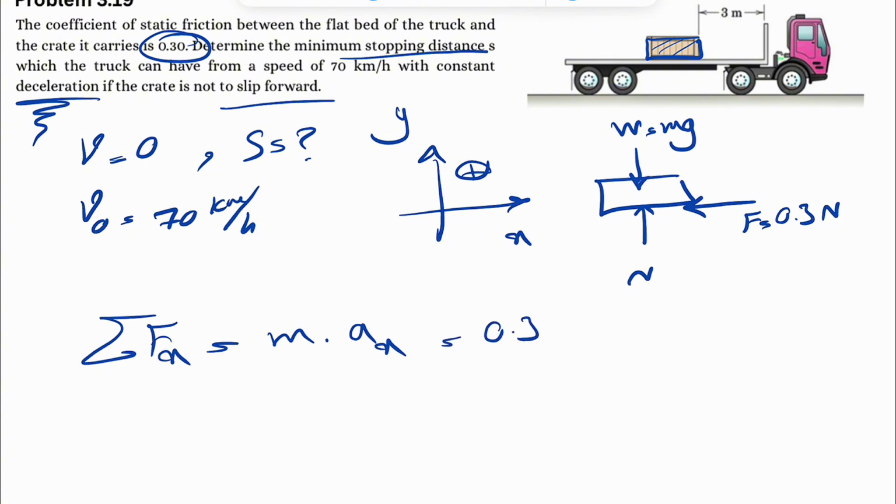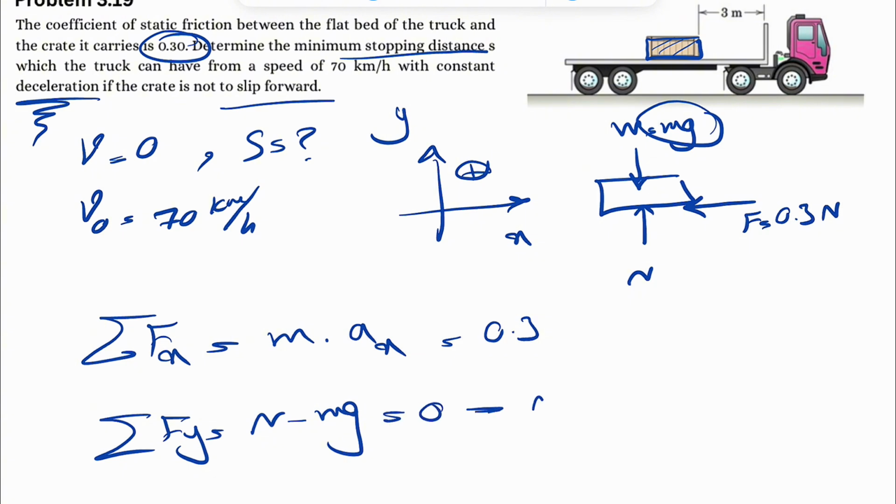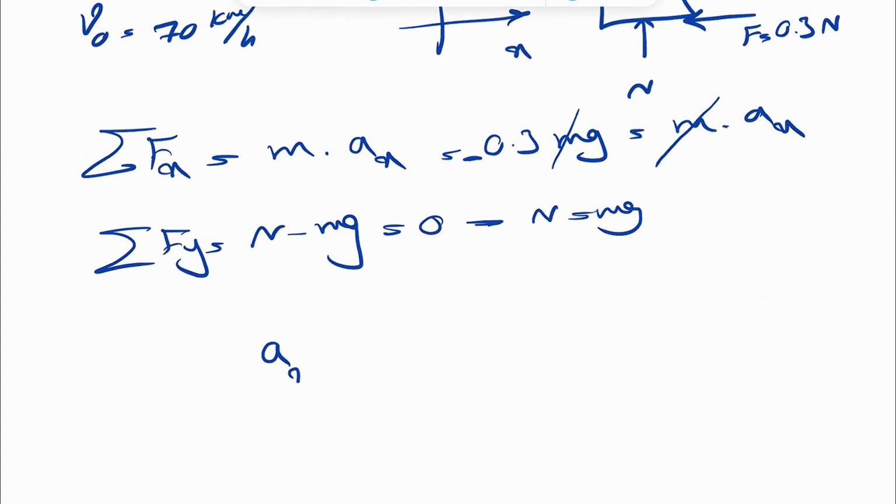N is equal to mg, because the sum of all forces in y is N minus mg, and there is no acceleration or movement in the y direction, so it equals 0. So negative, because it's to the left, 0.3 times mg is equal to m times a_x. We cancel out the mass, and we find a negative acceleration, or deceleration, that reduces the speed of the truck.